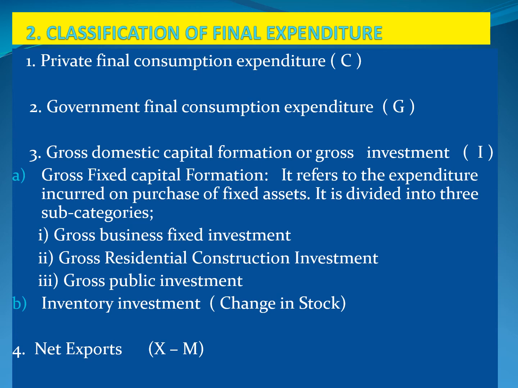And the next component of the final expenditure, which is made by the rest of the world sector, is net exports, which is the difference between exports minus imports. Now, how do we define it? It is the difference between value of exports and value of imports.